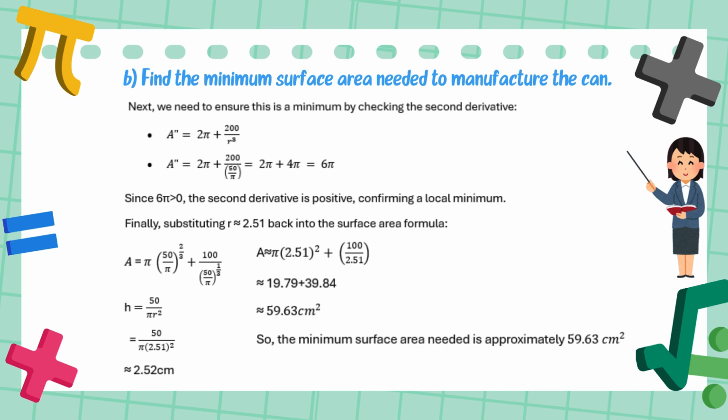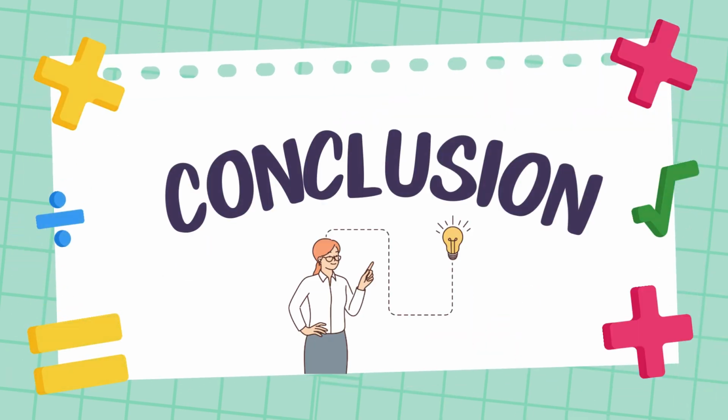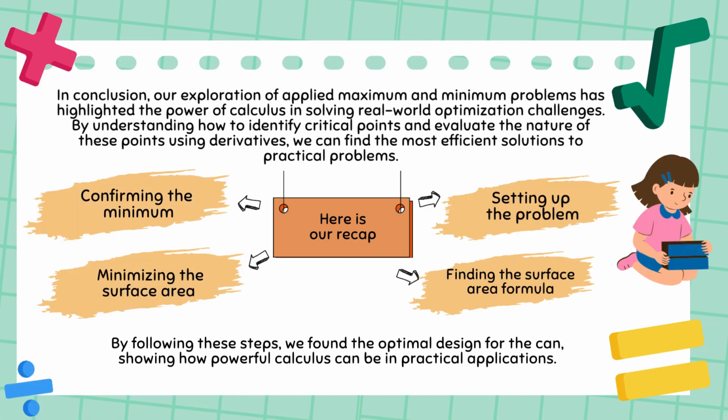The corresponding height can be calculated using the volume formula, and then we determine that the minimum surface area required to manufacture the can is approximately 59.63 centimeters squared.